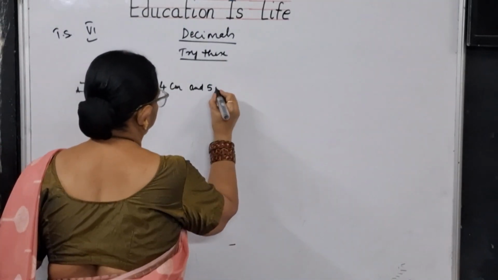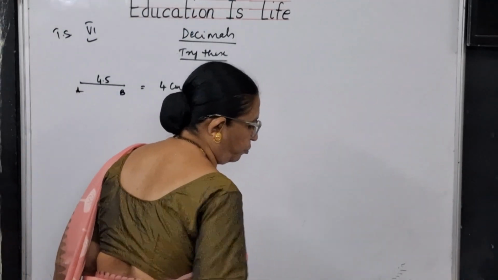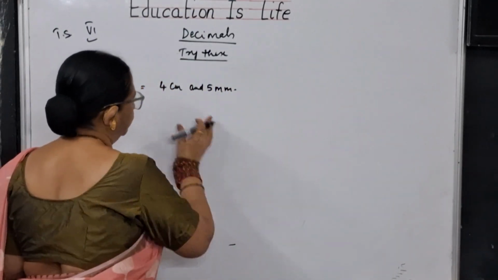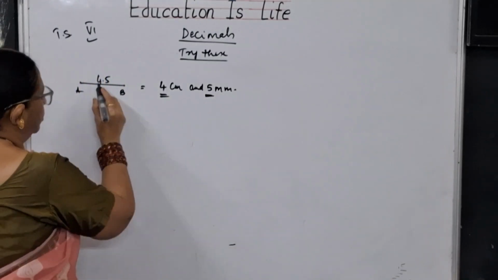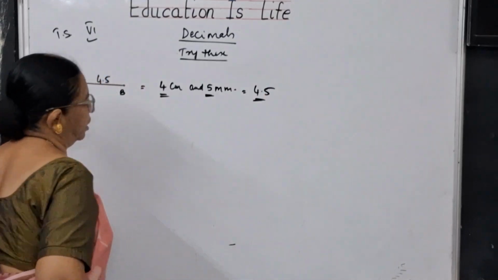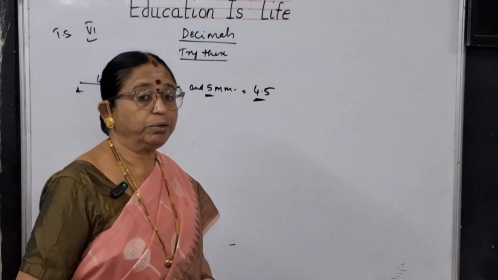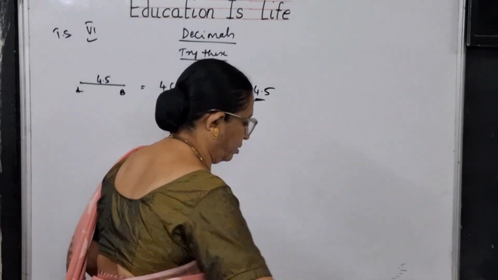You can write it as 5 mm. So this is integral part, this is decimal part. So you are writing it as 4.5. In this way, I want you to do it by using the scale and measuring the lengths.